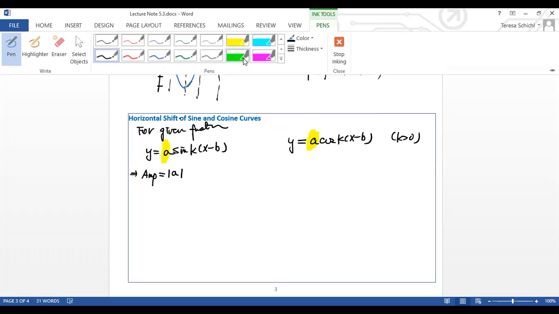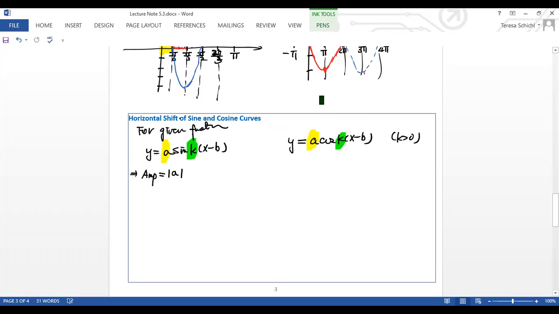And then this constant k, we call this a horizontal stretch or horizontal shrink, right? This number is what determines the period we just did. For this, the period is equal to 2 pi divided by k. Both of them are the same.